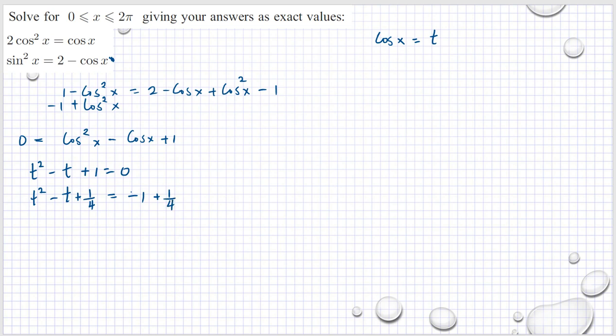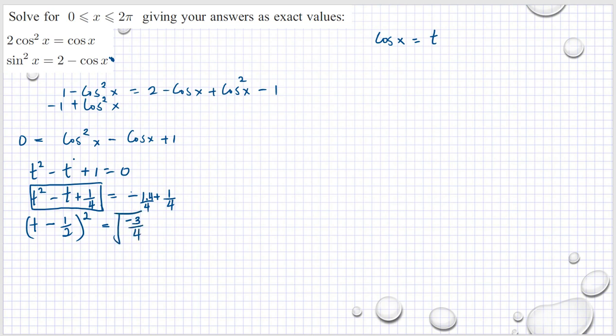Then we have t minus 1/2 squared, because this should be a perfect square, is equal to, if we expand this, negative 3/4.